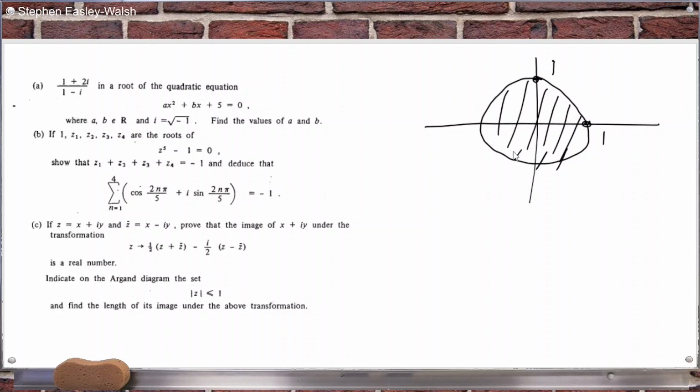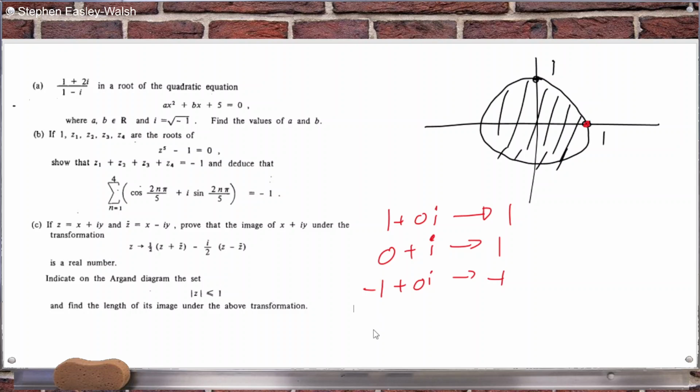That's the set. So for example, here, 1 plus 0i would just become 1. 0 plus i would just become 1. Minus 1 plus 0i would just become minus 1.